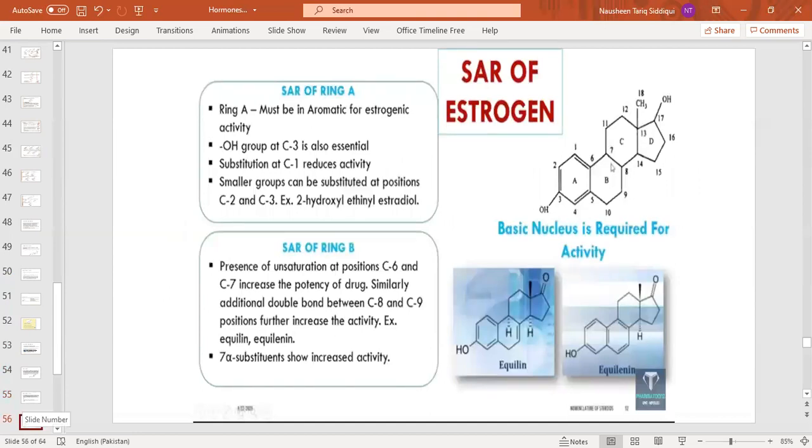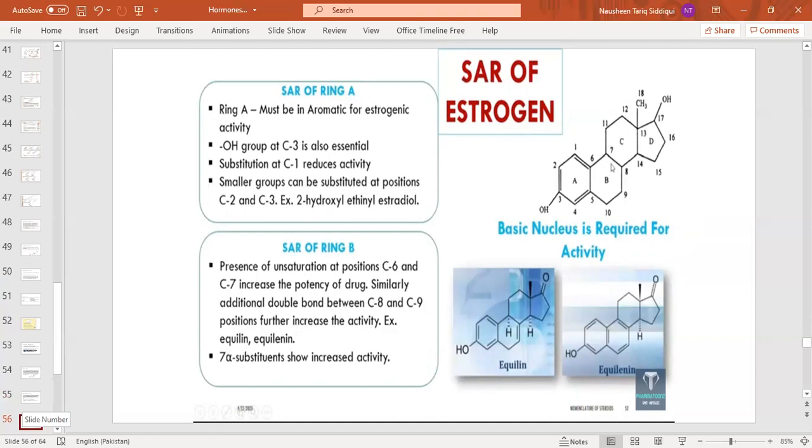A little SAR of estrogen. For the SAR of ring A, the ring must be aromatic for estrogenic activity, while the OH group at C3 is also essential, while substitution at C1 reduces the activity. Smaller groups can be substituted at positions C2 and C3, for example 2-hydroxyethinyl estradiol.